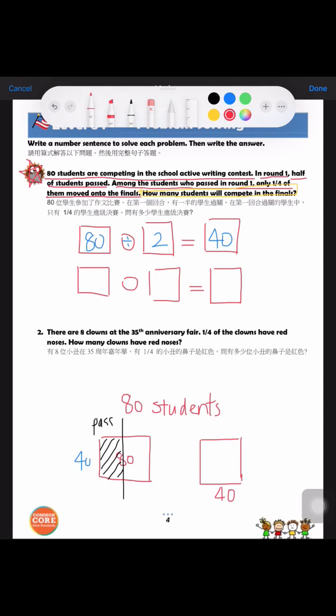And among the students who passed in round 1, only 1/4 of students moved on to the final. That means we need to split 40 into 4 parts. And only 1/4 of them moved on to the final.